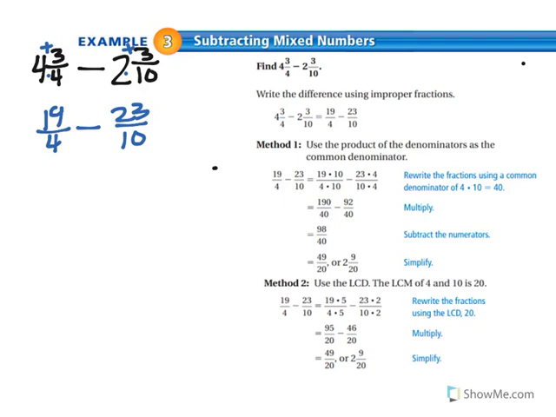Now, if you want to, you can use this method over here where we're going to put our 4 and our 10, and we'll say, all right, I can divide these both by 2, and I get a 2 and a 5. Then I multiply. 2 times 2 is 4, times 5 is 20, and therefore I know it's 20.